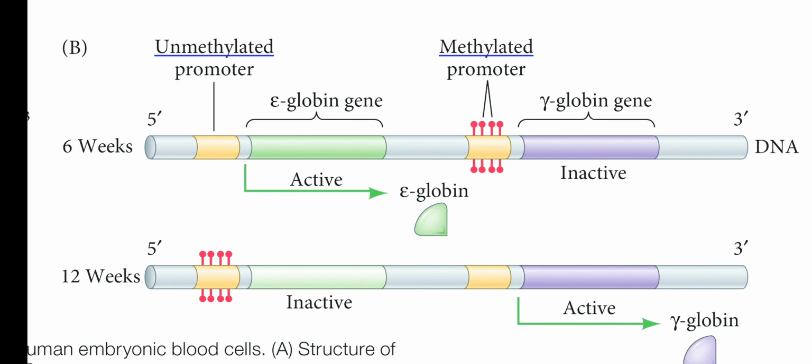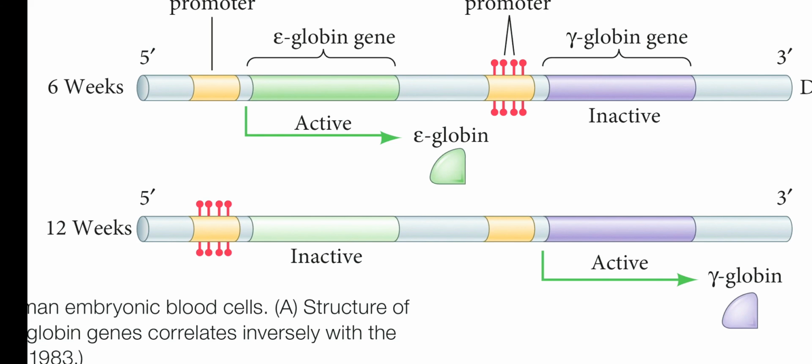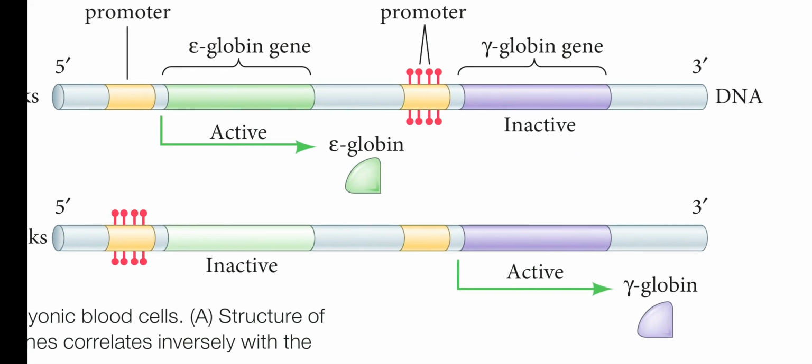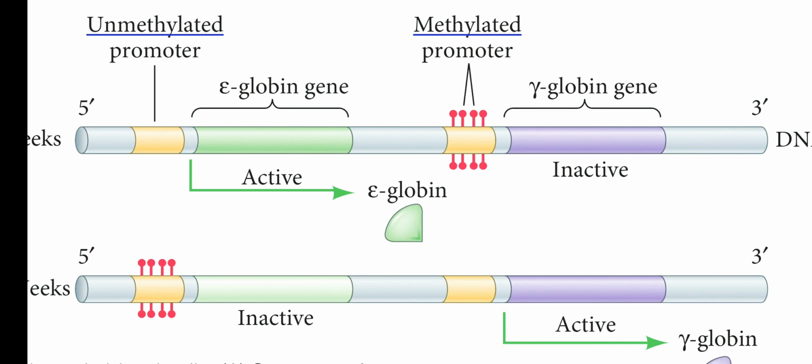So in this picture you can see at 6 weeks the gamma globin is active, but at 12 weeks it's inactive. This is done by methylation of the promoter region, of the cytosine of the CpG.